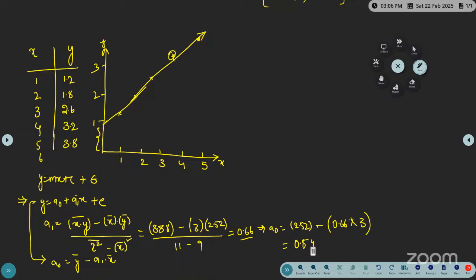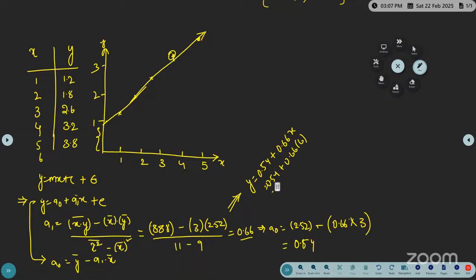So the total equation would be y equals 0.54, which is A naught, plus 0.66 into x. Now, let's say we wanted to calculate the value we'll get for 6. This 6 is the independent value, which is x. We'll substitute that over here, which is 0.54 plus 0.66 into 6.